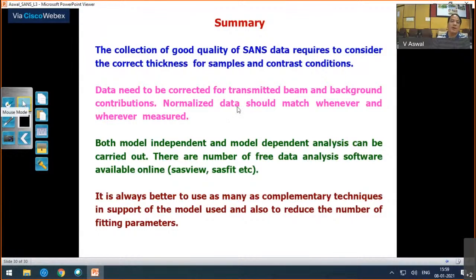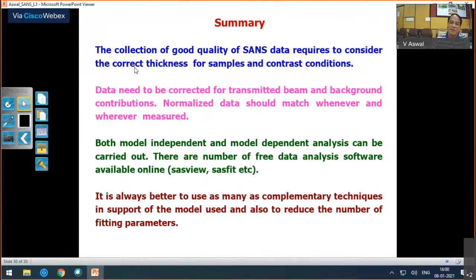So to conclude, what I would like to say is that all these things are important to prepare and measure the samples correctly, and also to do the data reduction correctly.